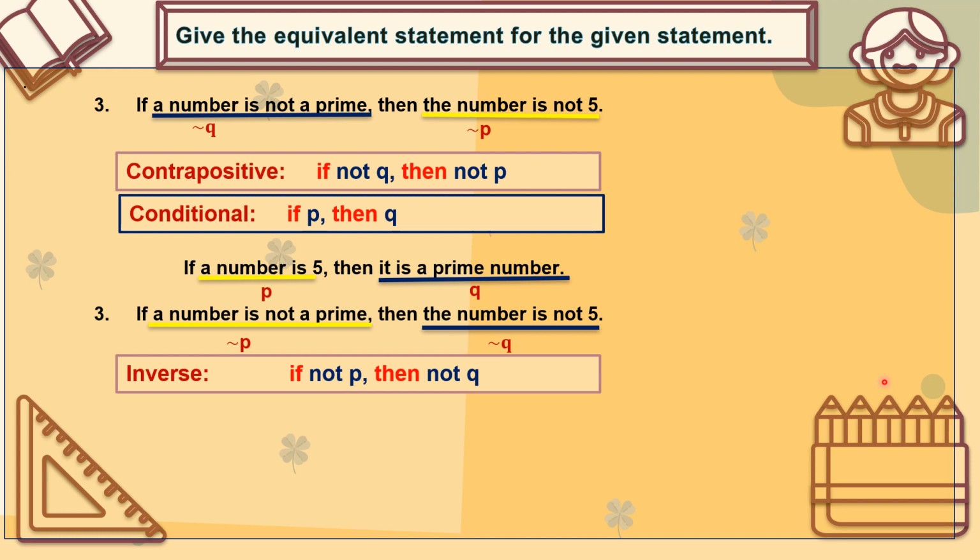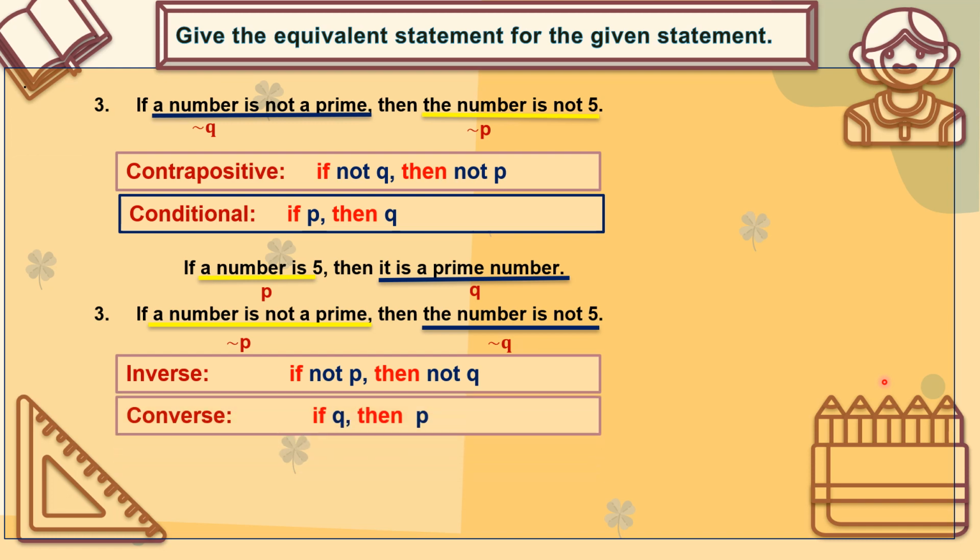Next, ano naman ang equivalent statement ng inverse? So, converse po. Kapag converse, if Q, then P. So, mauna si conclusion bago si hypothesis. Ano magiging statement? If a number is 5, then it is a prime number. So, ano ngayon dyan ang ating conclusion?